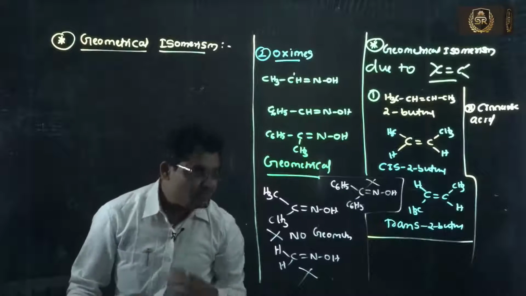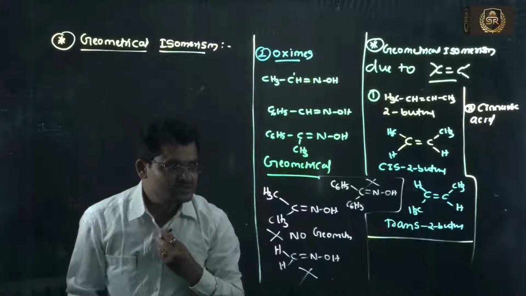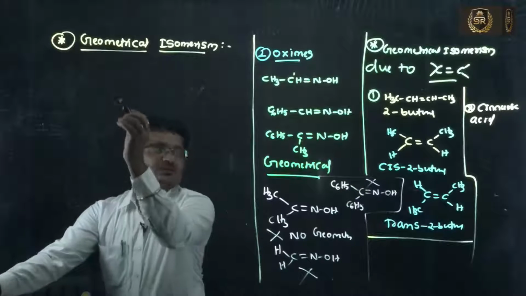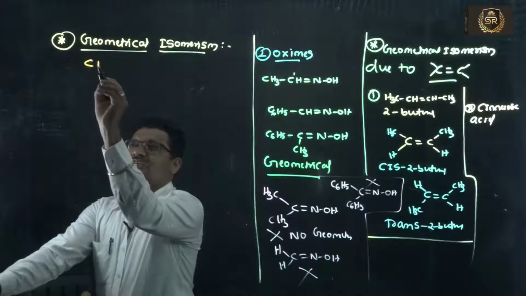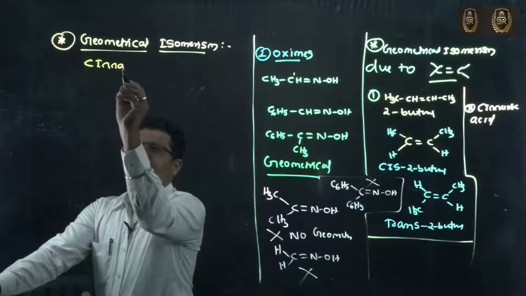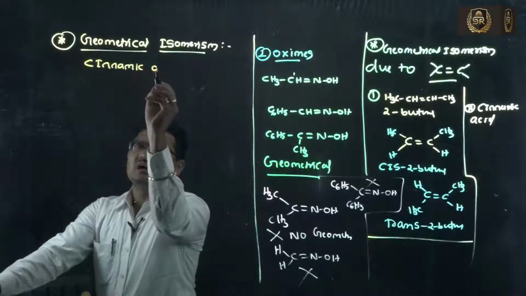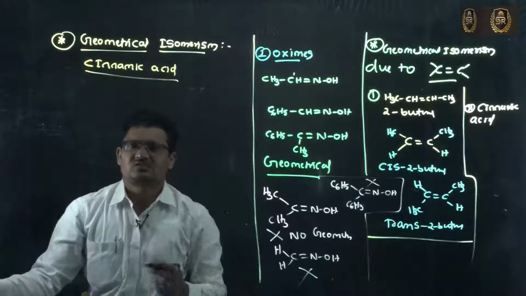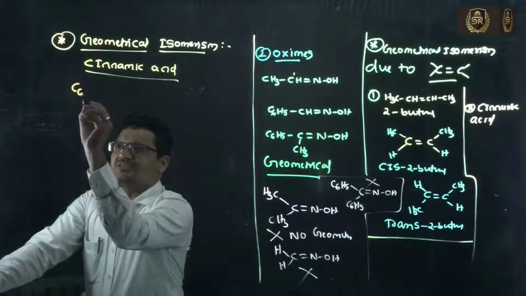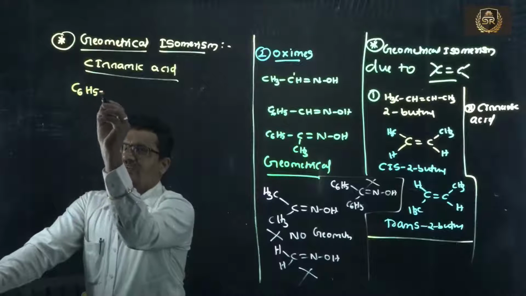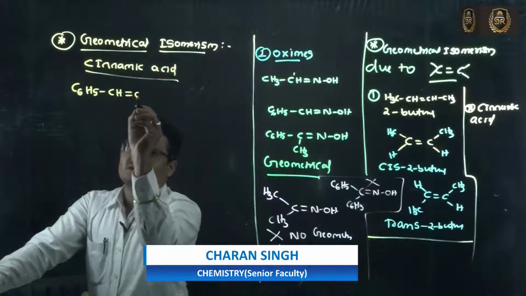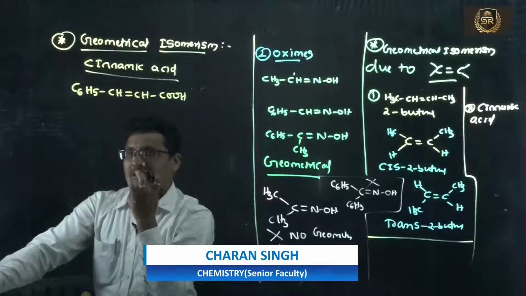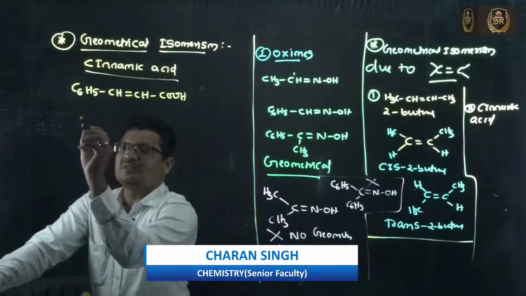Now, one more best example of cis-trans is cinnamic acid. Cinnamic acid also forms cis-trans isomerism. C6H5 CH double bond CH COOH is cinnamic acid. How does it form?